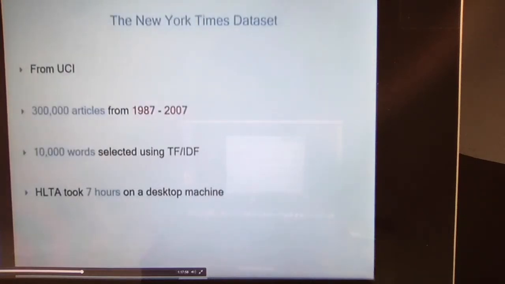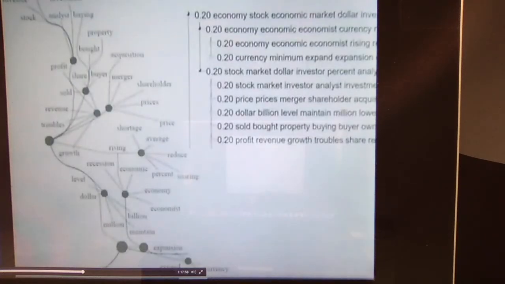Next I'm going to show you the result we obtained on a pretty big data set, the New York Times data set. This is part of the structure. The model is hierarchical, but this is for visualization. It looks cool, but it's too small, so we're going to look at small regions of the model. Here this is the root node. The topic it gives us is economy and stock market, and it has two children.